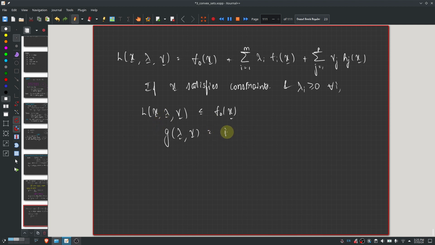So this is the infimum of L of x, lambda, nu over all possible x in the domain, but this is less than or equal to the infimum of L of x, lambda, nu where this infimum is only taken over the constraint set, which is equal to f star, or which is less than or equal to f star.